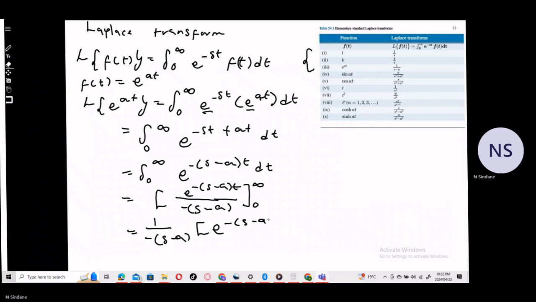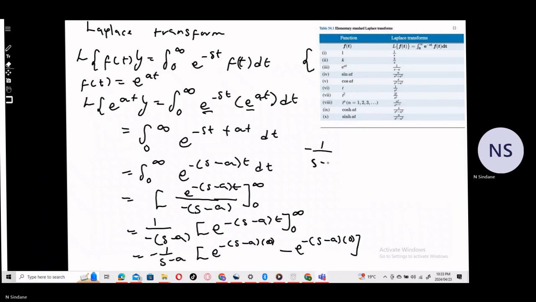Substituting, I'm going to have negative 1 over s minus a into e to the power negative s minus a times infinity, minus e to the power minus s minus a times 0. This will be negative 1 over s minus a into 0 minus 1. This gives me 1 over s minus a.